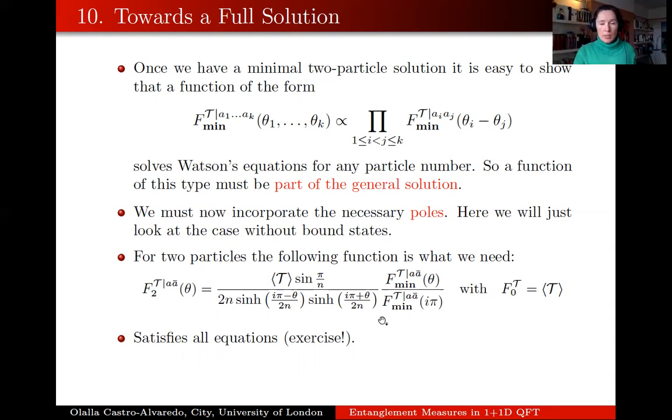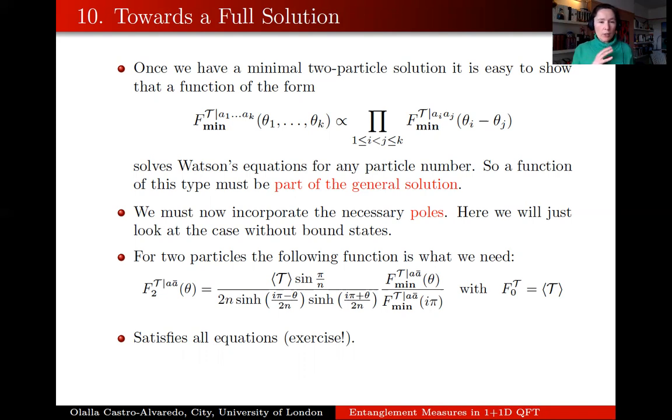You can check that this satisfies all equations, and I think this is even an exercise on the exercise sheet. If it's not, you can also do it. It's quite a good thing to do. So that gives you not the most generic, but it gives you a solution to the two-particle form factor. And this is all we're going to need for our applications later on.